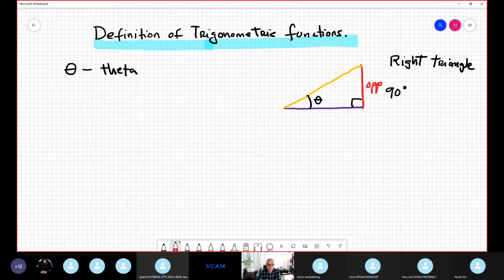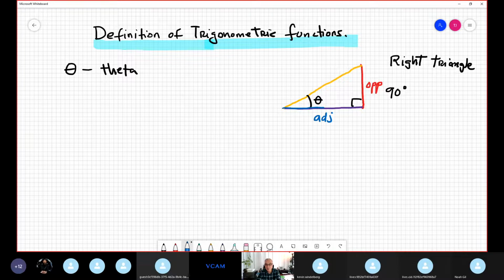This side, here, is the adjacent side, the side on the floor. The abbreviation is ADJ.